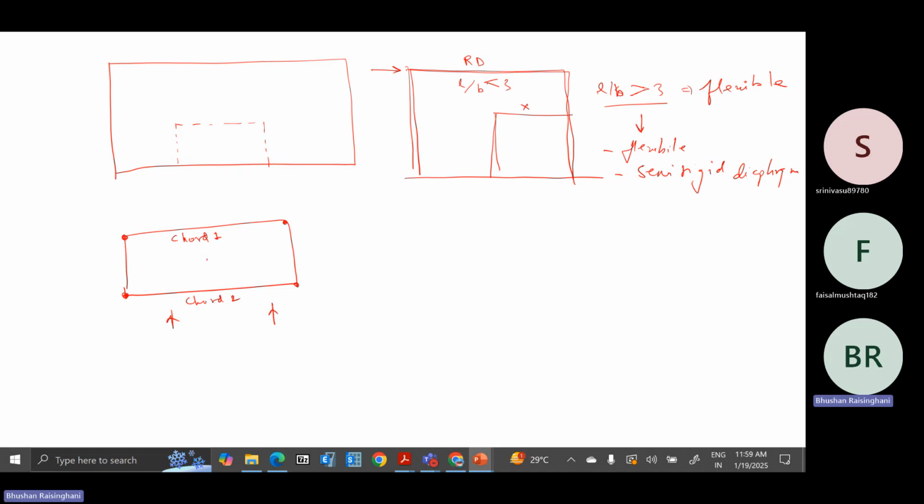Now this is the CM and this is the CR, let's say. And the building has a flexibility to rotate in this particular direction due to the lateral forces. Then what will happen? This chord from its original position, how much has it deflected. Previously, the building was straight like this, a box, and after torsion, something like this happened.